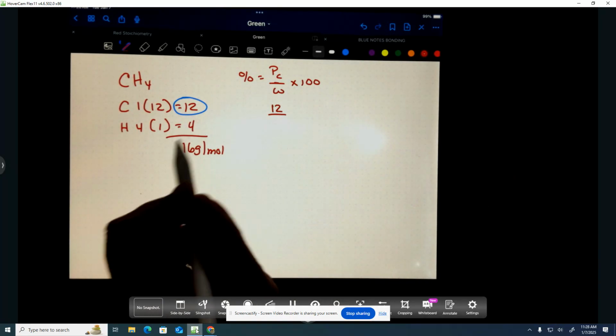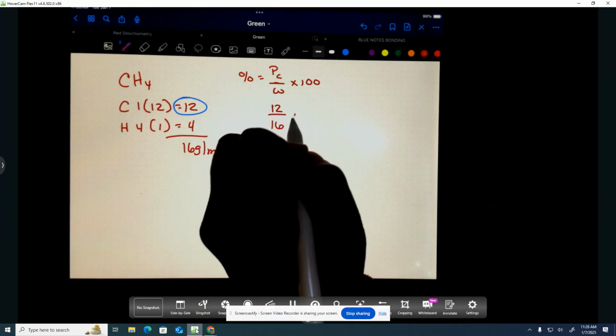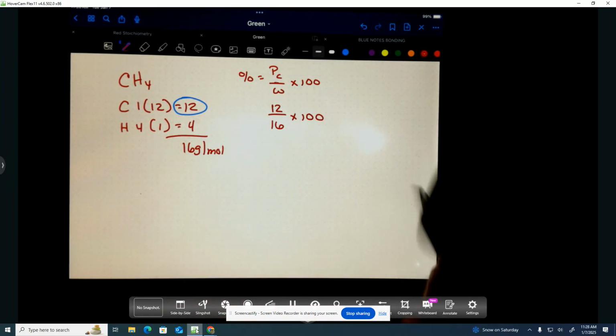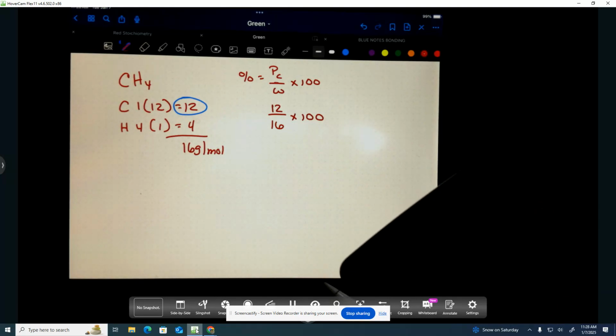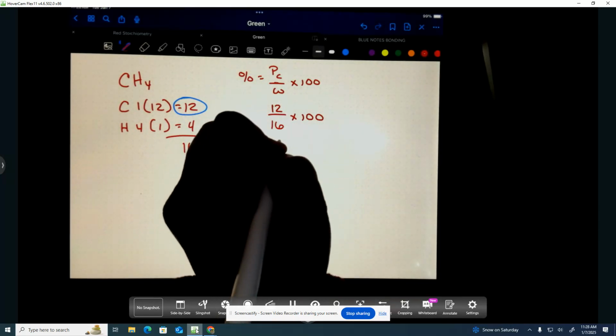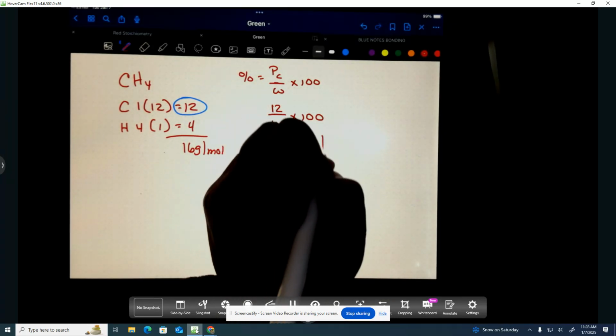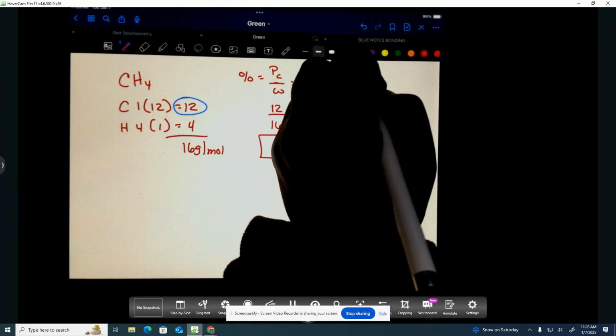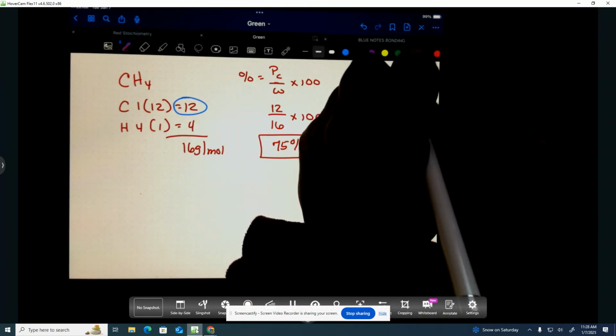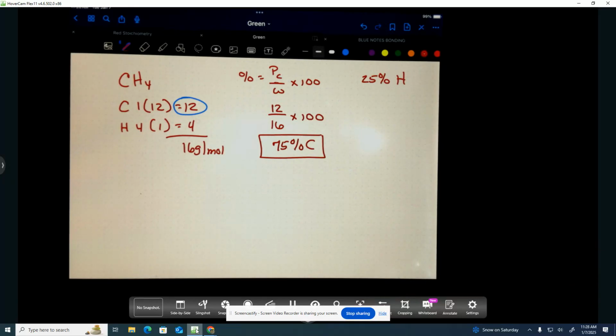The whole thing weighed 16. 12 divided by 16 is 75% carbon, which means there's 25% hydrogen. Remember that? Good? For those of you who weren't here yesterday, it's kind of like a little synopsis of what we did.